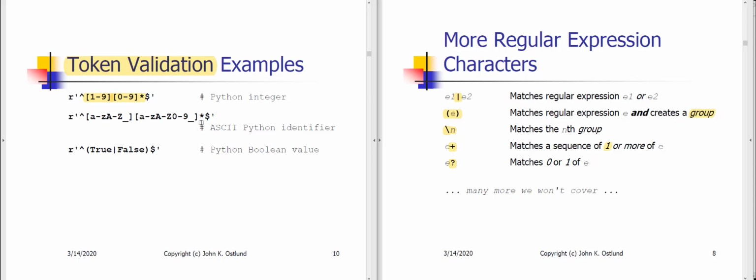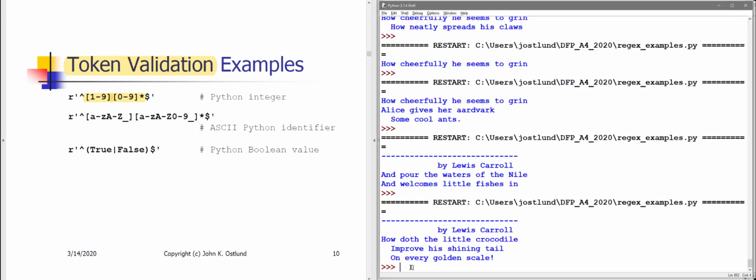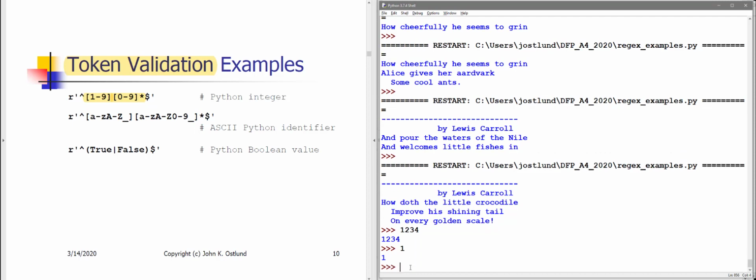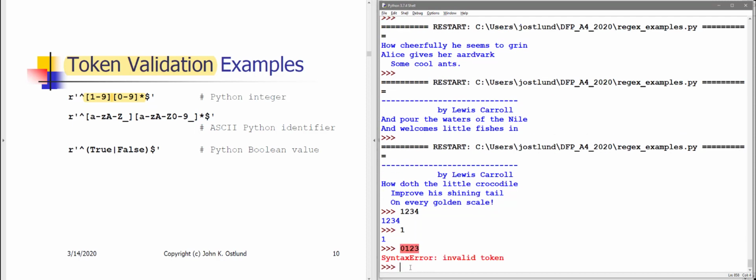So if a string is going to be a valid Python integer, it has to begin with a digit between 1 and 9, followed by digits between 0 and 9. Let me pull up my shell. Okay, so 1, 2, 3, 4 is a valid integer. 1 is a valid integer. 0, 1, 2, 3, I get yelled at about that.